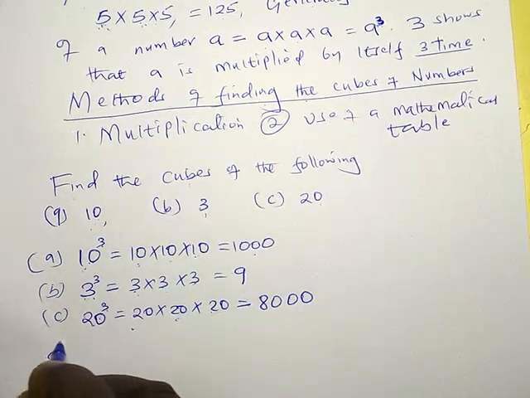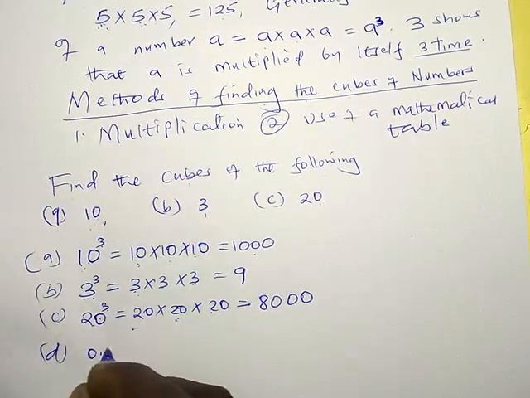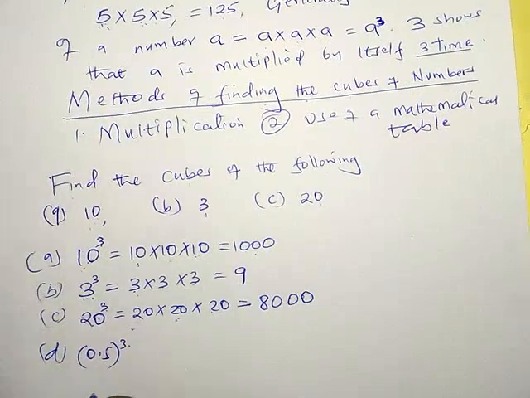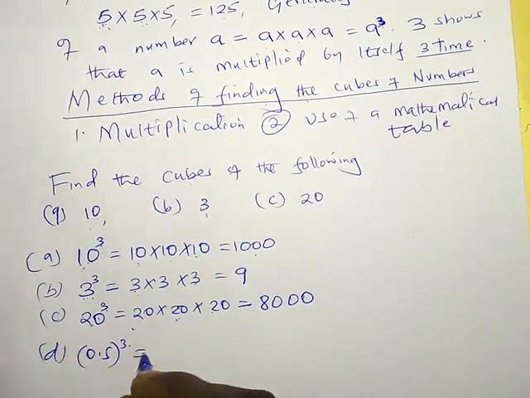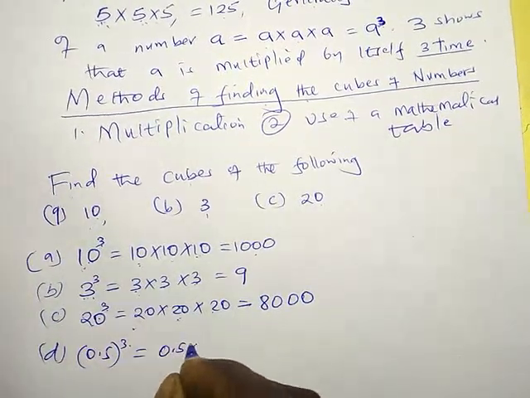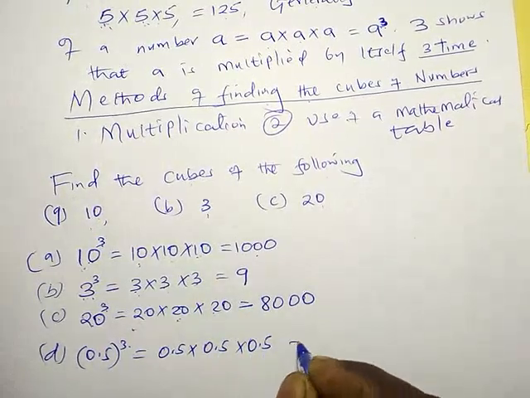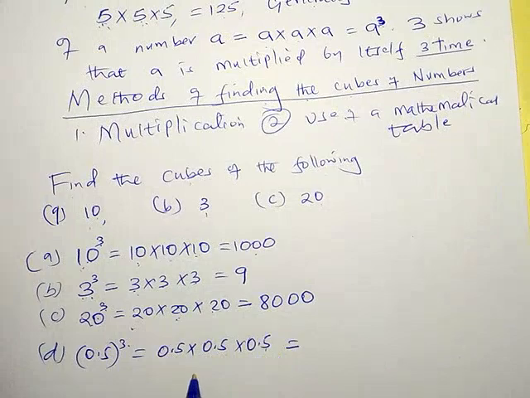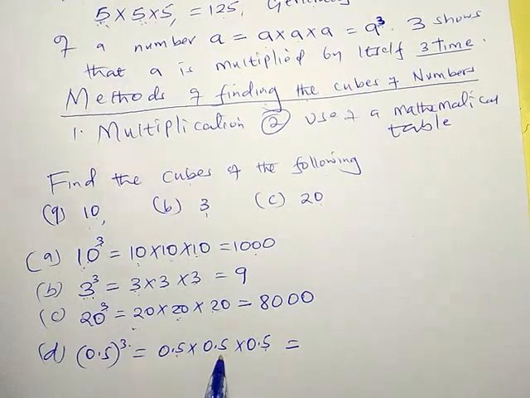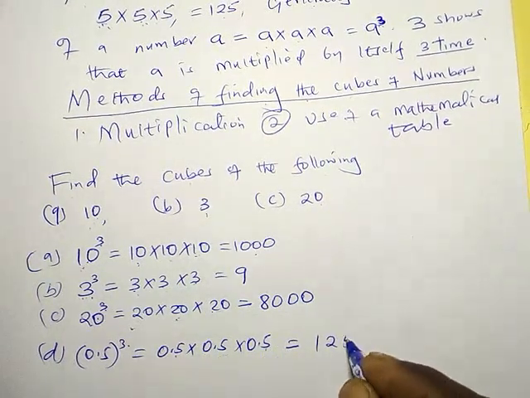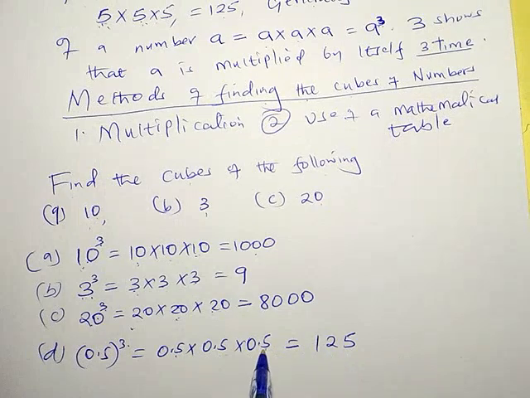What if D, we have 0.5, the cube of 0.5. So 0.5 simply means 0.5 times 0.5 times 0.5. We have 3 decimal places, therefore 5 times 5 times 5 is 125. So we must have 3 decimal places.